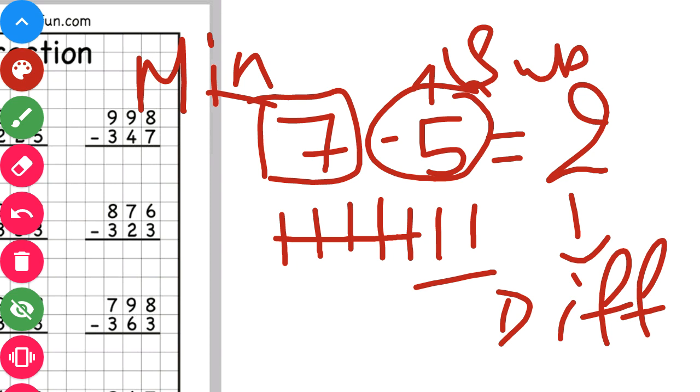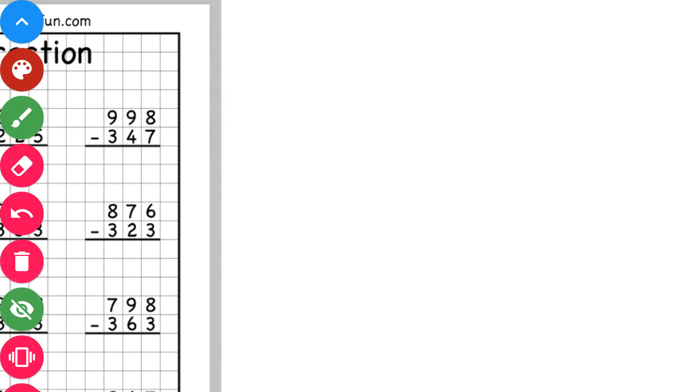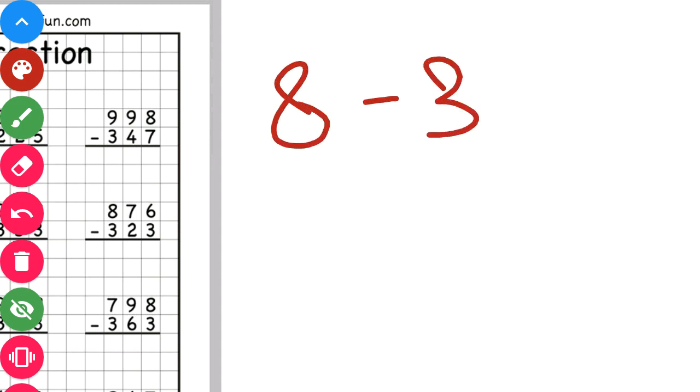Let us understand this with the help of one more example. Suppose I take two numbers, 8 minus 3. So 8 minus 3, what will we get? Or take away 3 from 8.